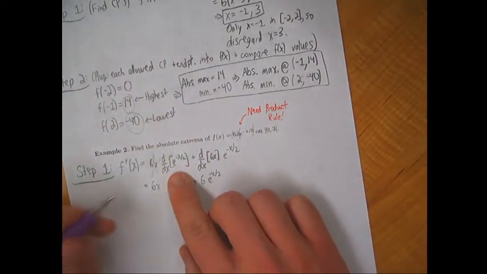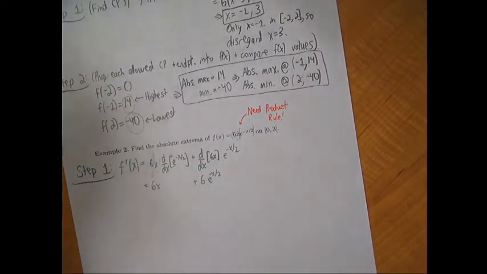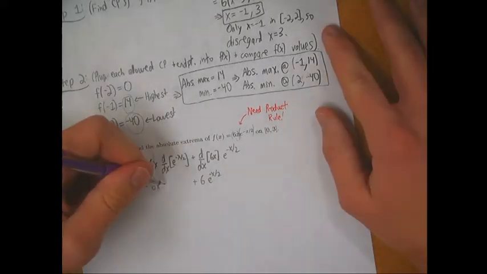But what about the derivative of e to the negative x over 2? What's that going to be? Is it negative 1/2 e to the negative x over 2?